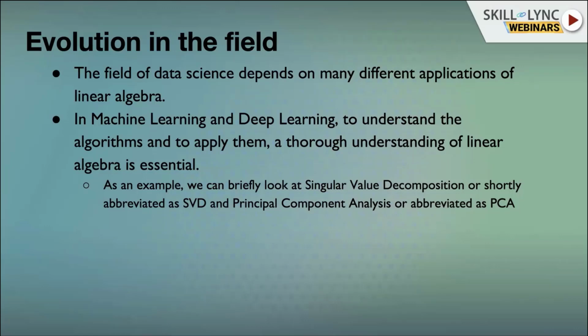Here we will just look at two particular examples. One is called singular value decomposition, which is abbreviated as SVD, and another one is principal component analysis, abbreviated as PCA. So first, let us look at SVD, or singular value decomposition.